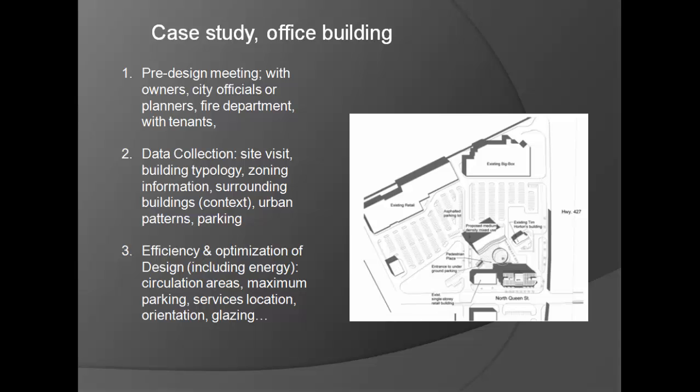The data collection was also done, which is the mistake number 1 that should be avoided. No data collection. We've gone to the site. We did building typology research. We searched the zoning information, the surrounding buildings, or what we call the context.